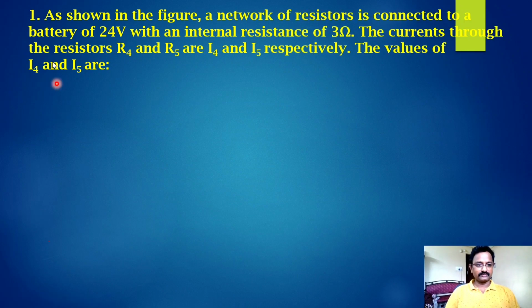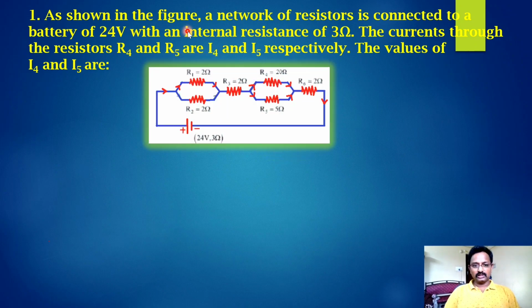Here is the first question. As shown in the figure, so here one figure is given. A network of resistors is connected to a battery of 24 volt with an internal resistance of 3 ohm. So here all these resistors are connected to a cell of 24 volt having internal resistance 3 ohm.